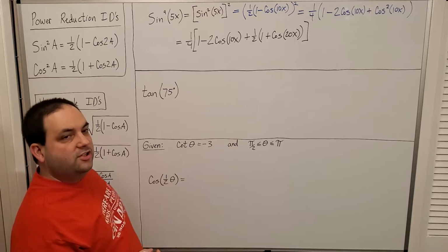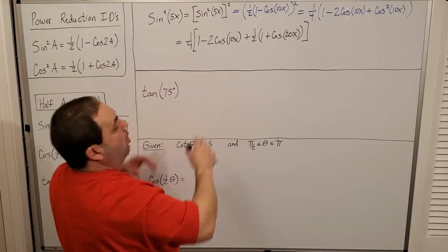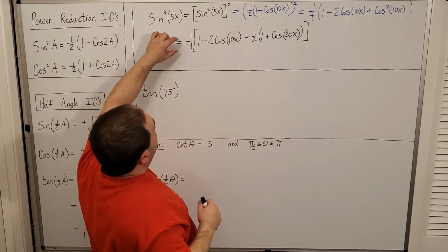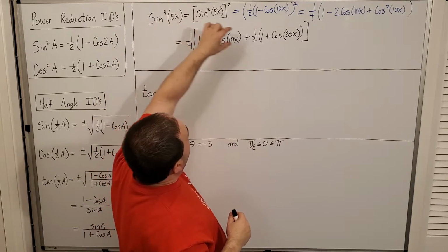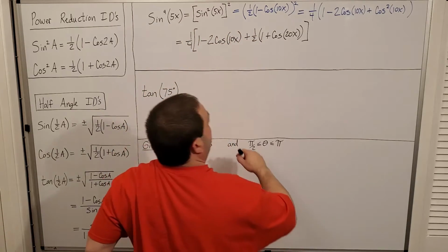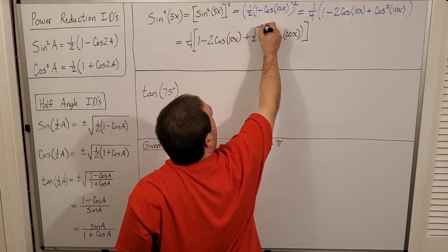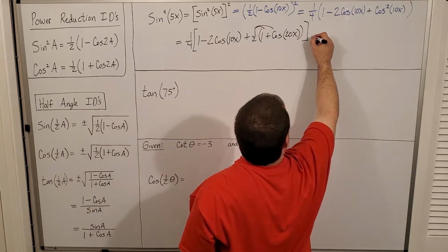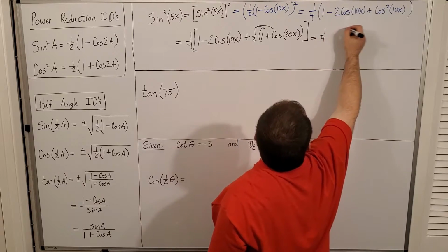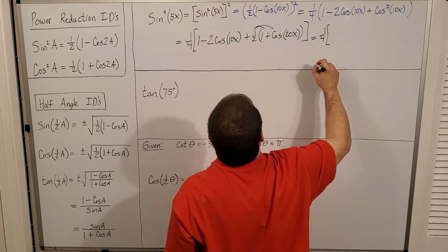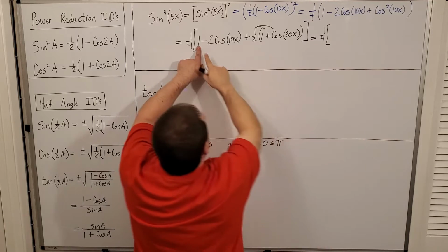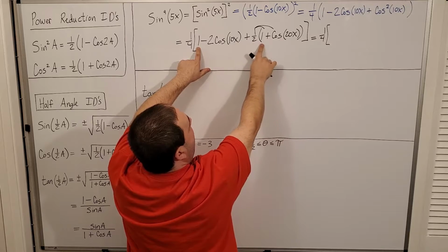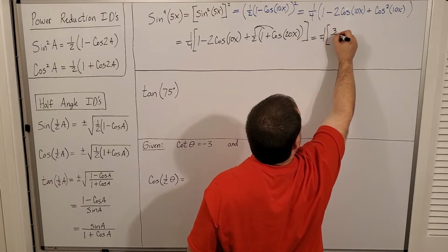And so from here, it's just a matter of combining all of the things that are alike and multiplying everything out. I'm going to distribute this 1/2 here, and then distribute the 1/4 in after I've combined everything. So let's see. What I have is 1/4 times 1 plus a half, so that's 3 halves.